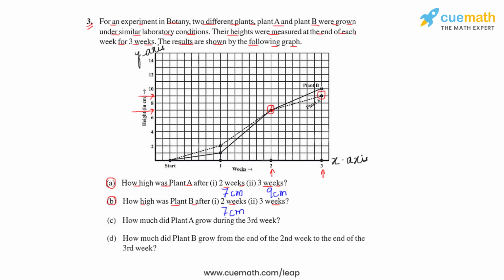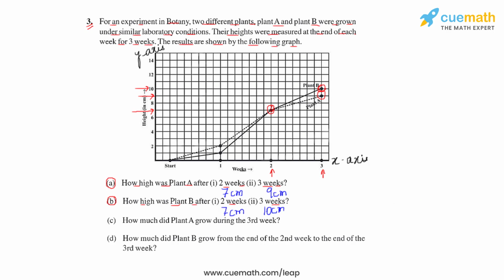After 3 weeks, this point will give the height of plant B, which on the vertical axis is represented by 10 centimeters. So after 3 weeks, the height of plant B would be 10 centimeter.